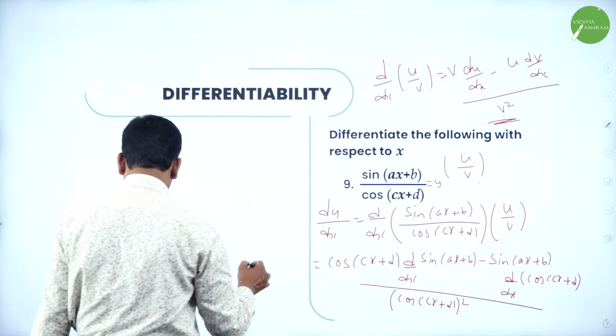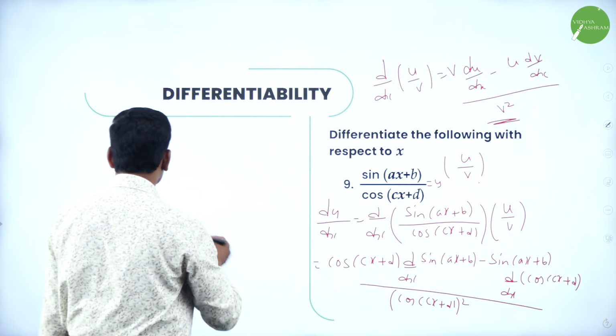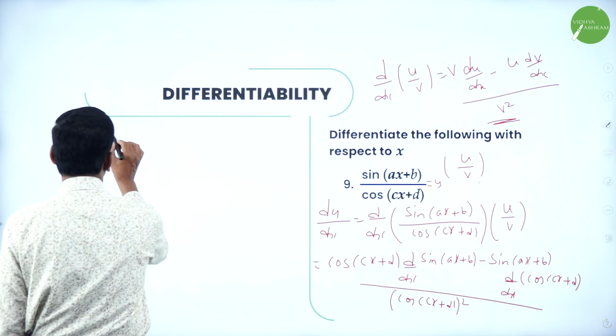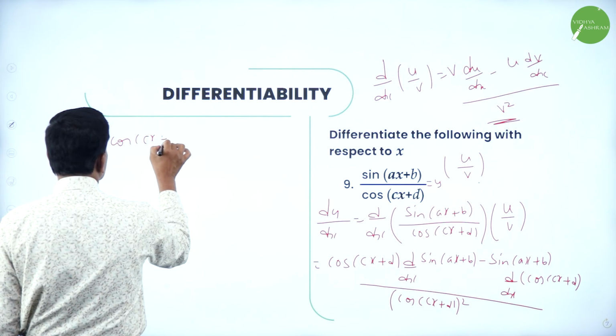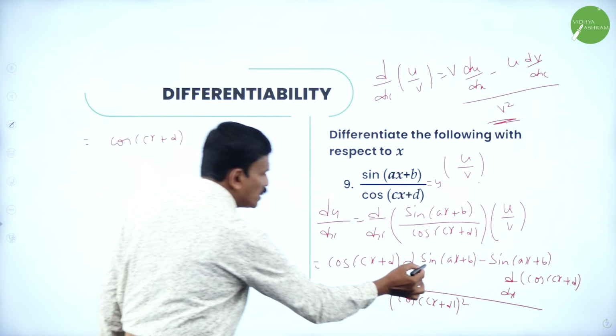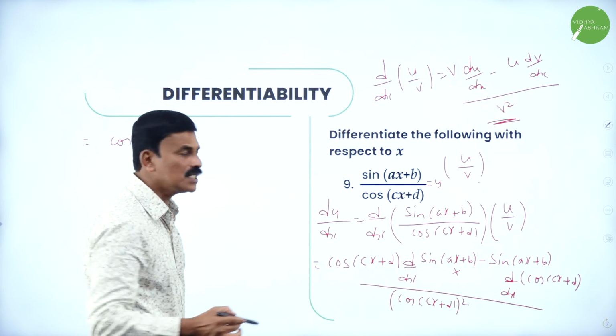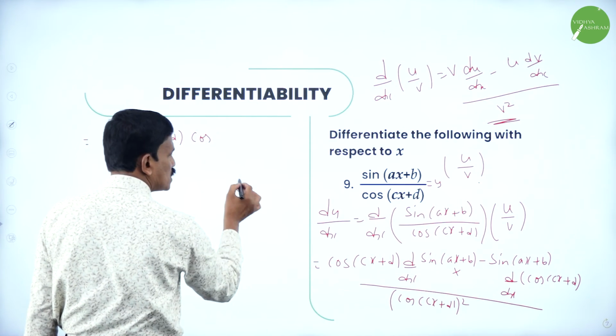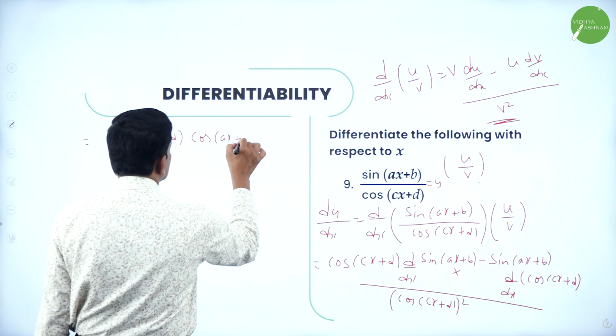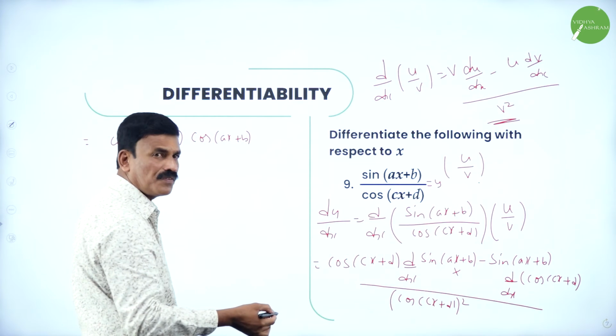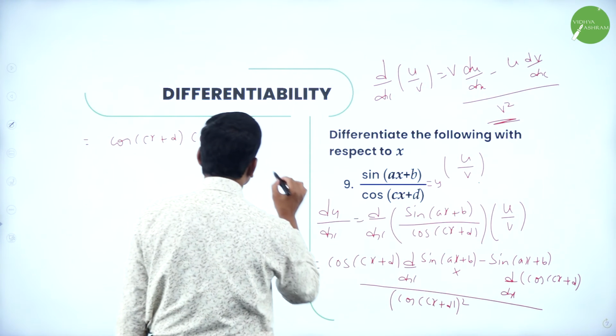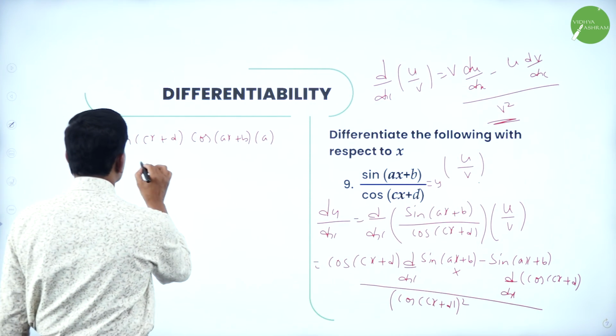Now wherever there is d by dx, differentiate it, that's it. So this is equal to cos of cx plus d as it is. Differentiation of sin x is cos, so cos of ax plus b into d by dx of ax plus b. Derivative of ax is a, constant is 0, so this is equal to a.